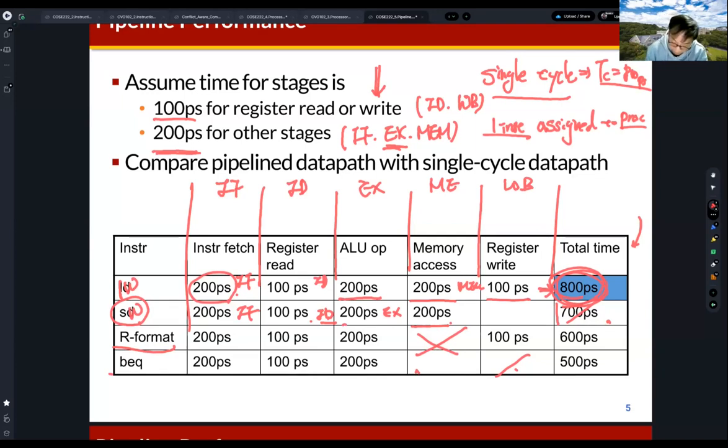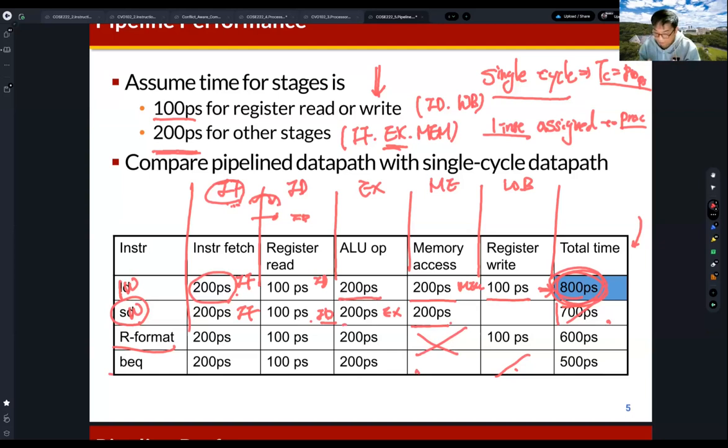Firstly, a new instruction is assigned to the instruction fetch stage, and in the next clock, this instruction is delivered to the ID stage, and a new instruction can be assigned.